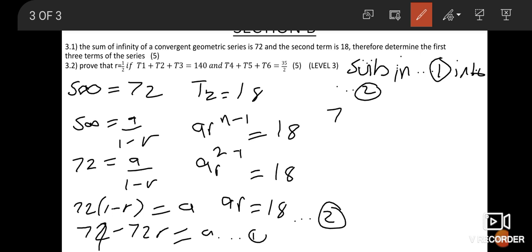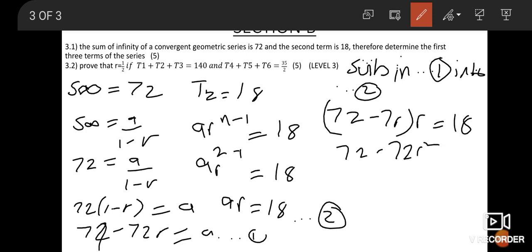So now it's going to be 72 minus 72r, times r, equals 18. So we take r out, and it's going to be 72r minus 72r squared equals 18.